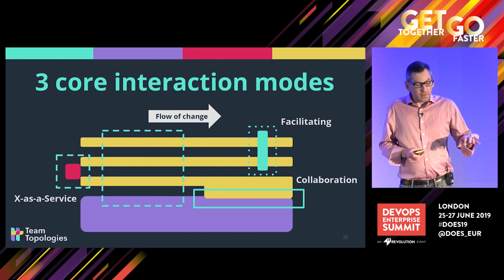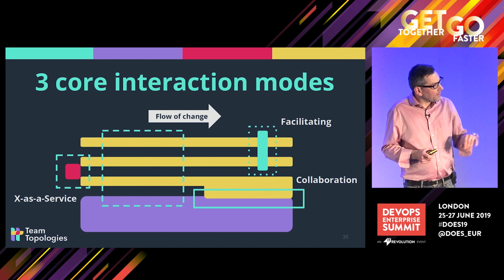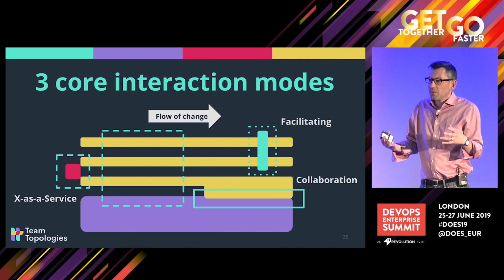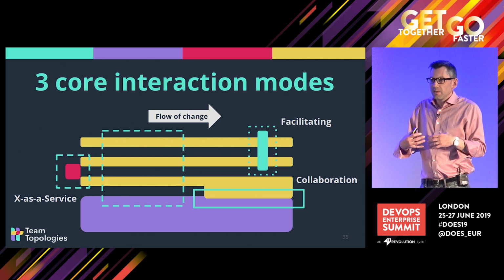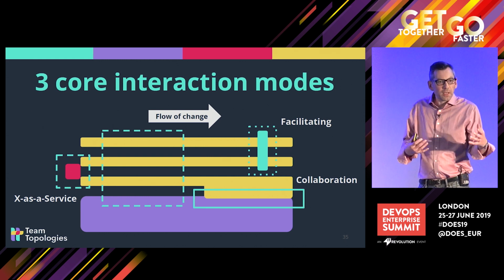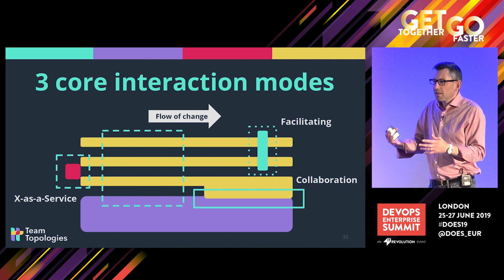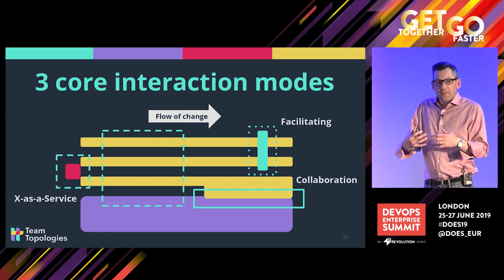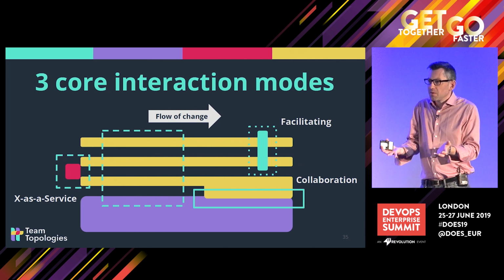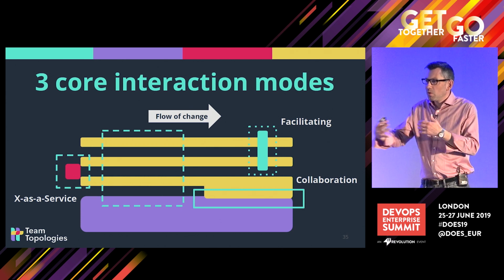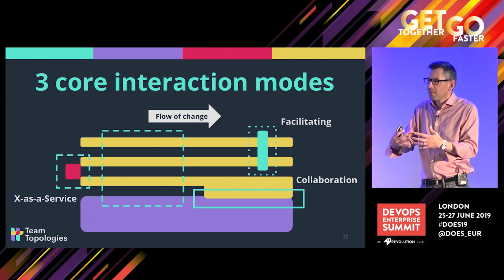And similarly, the stream-aligned team at the bottom here is currently collaborating with the platform to discover something about, let's say, logging or a better way of doing Kubernetes. They know that for a period of time their cognitive load is going to be higher because they're working closely with another team.